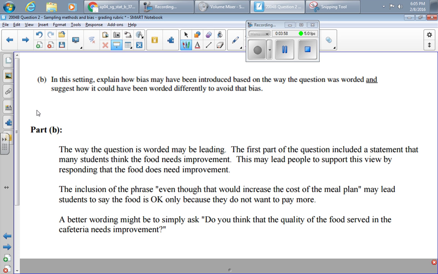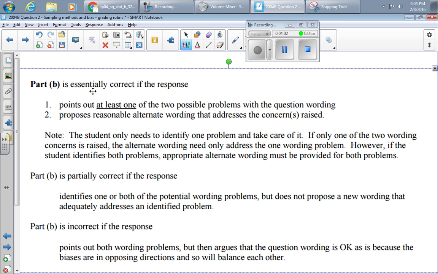Now, just like before, we're going to grade part B on an E, P, or I scale. For an essentially correct response, they pointed out at least one of the two problems. Not necessarily both of them, but they talked about either the wording that a lot of students think it needs fixing, or the part that says it may cost more money. If they addressed either one of those and they propose a reasonable alternate wording that addresses that concern, then that's good.